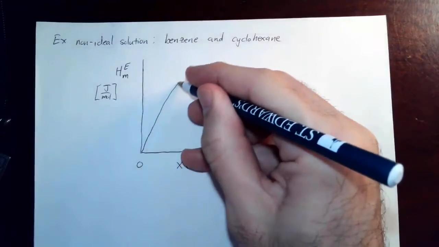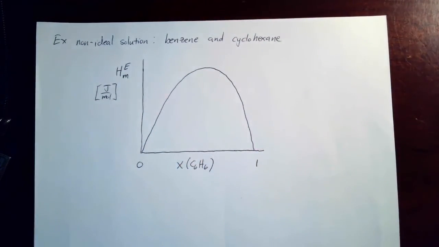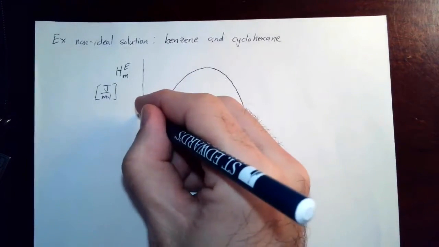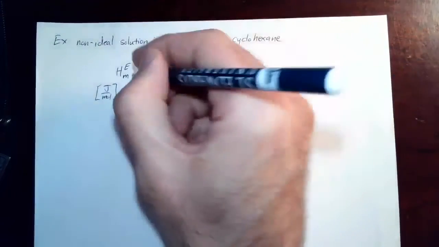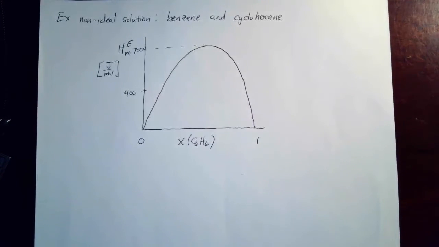And the curve fit of the experimental data looks basically like a parabola. This is about 400, about halfway, and this peak is at about 700 joules per mole. Okay, so let's make a few observations here.